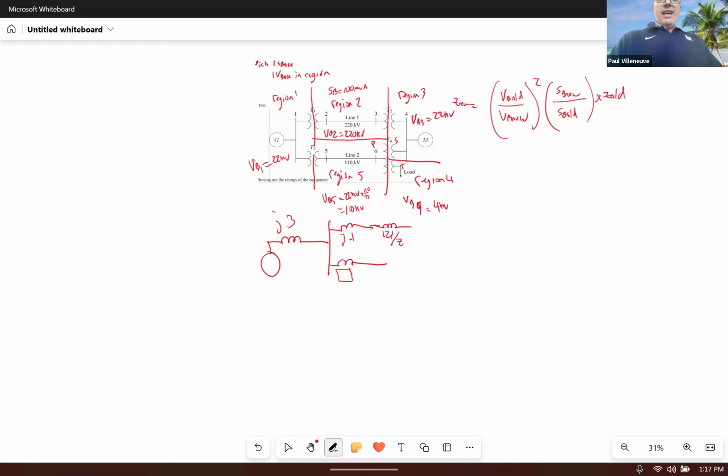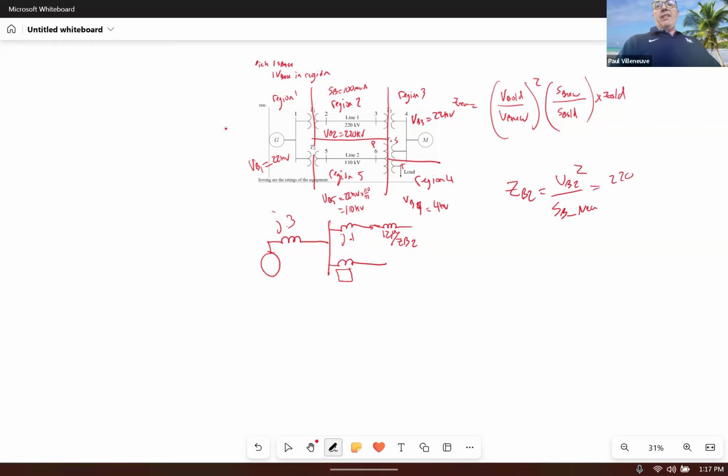I have to divide that by ZB in region 2, because this has the unit of ohms. So I've got to calculate ZB2, which is VB2 squared, divided by SB, the new, or the updated one. I call that SBO, but it's actually the only one that you have for SB.